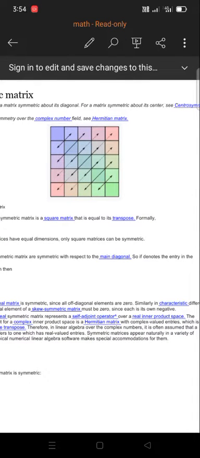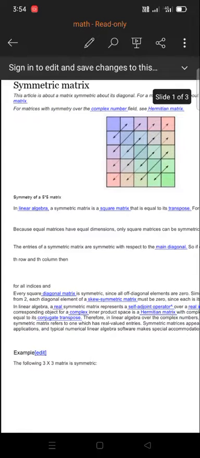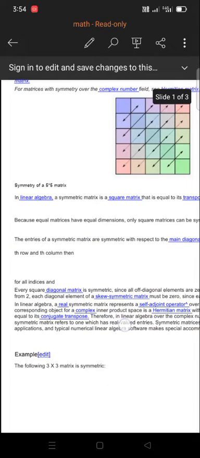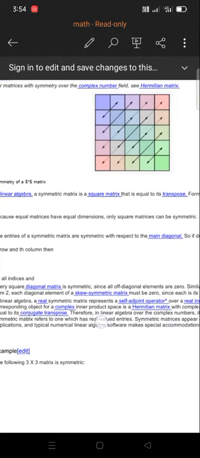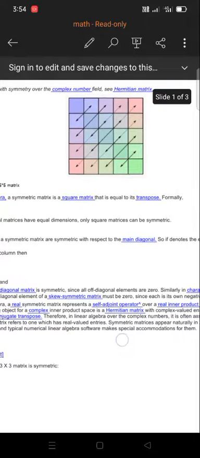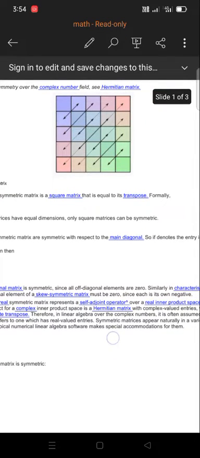So if a_ij denotes the entry in the i-th row and j-th column, then a_ij = a_ji for all indices i and j. Every square diagonal matrix is symmetric, since all off-diagonal elements are 0.